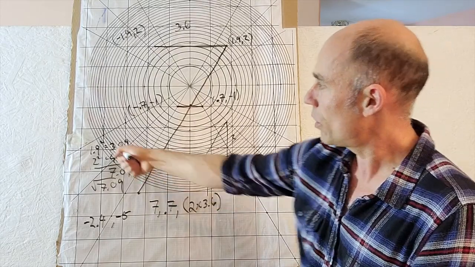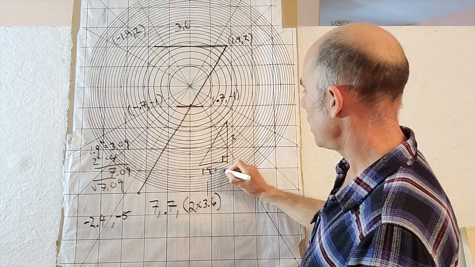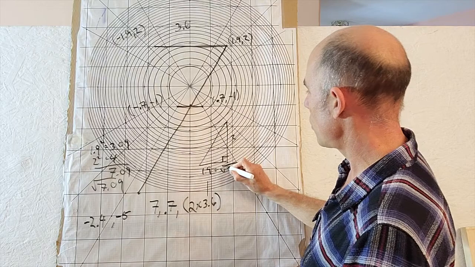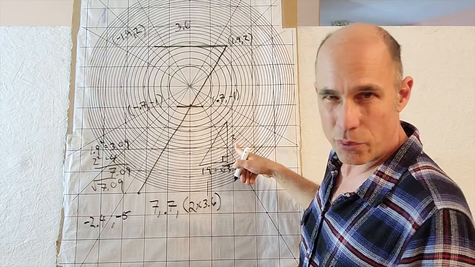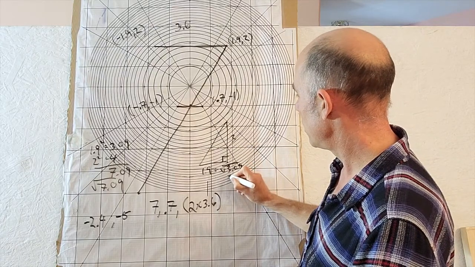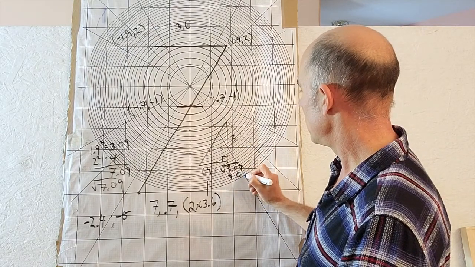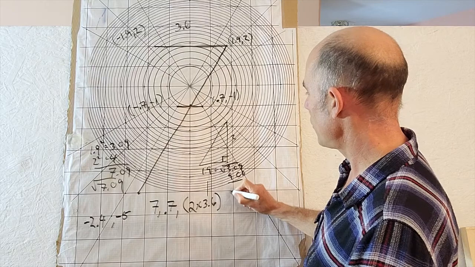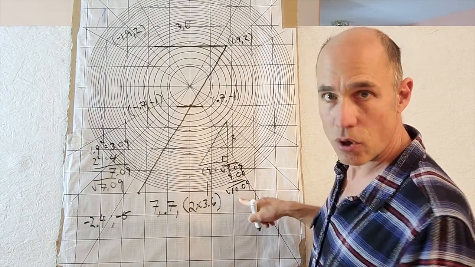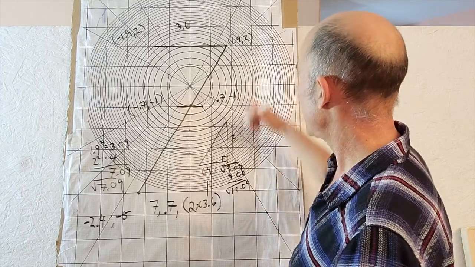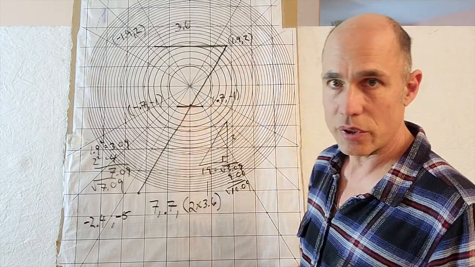So 1.9 squared, 3 squared is 9, so I'm adding 9 to this, so that becomes the square root of 10.09. So that's the length of this here, 10.09.